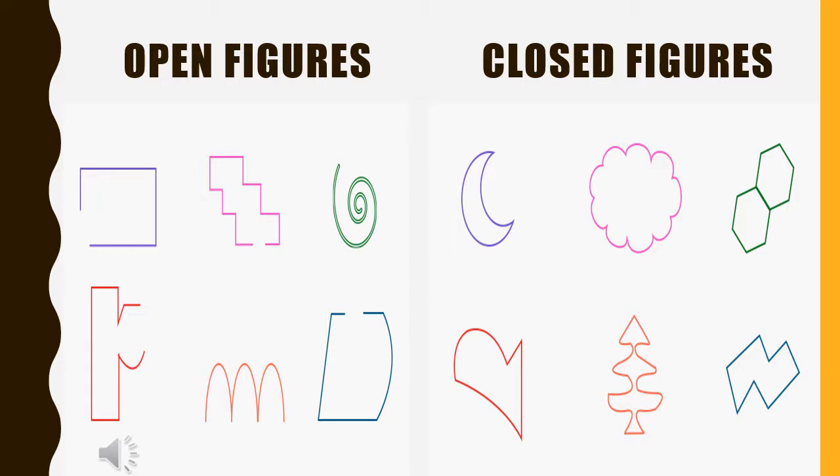But if you look at the figures below the heading closed figures, they are the closed figures. Why? Because if you start at any point in a closed figure and trace its outline, you will come back to the starting point.